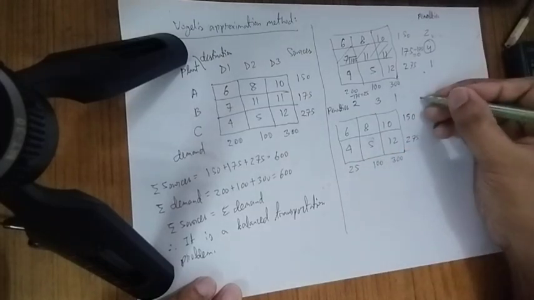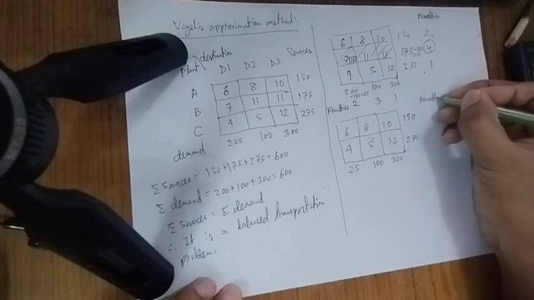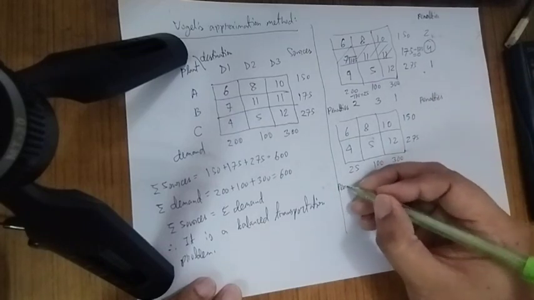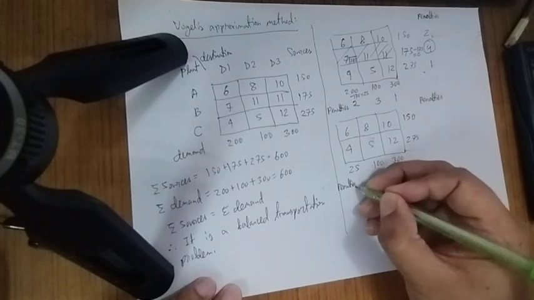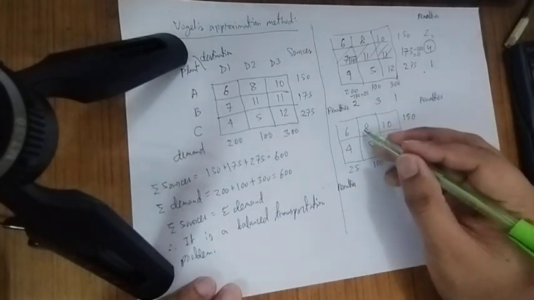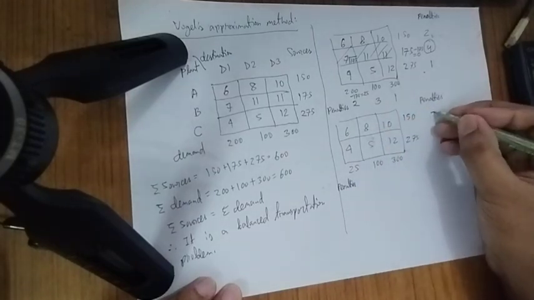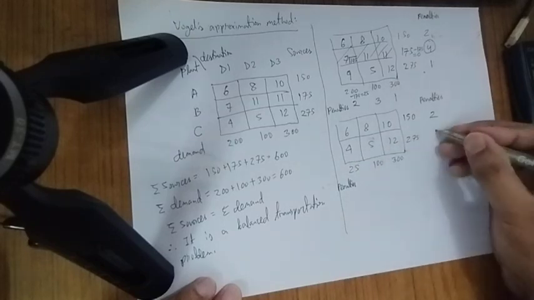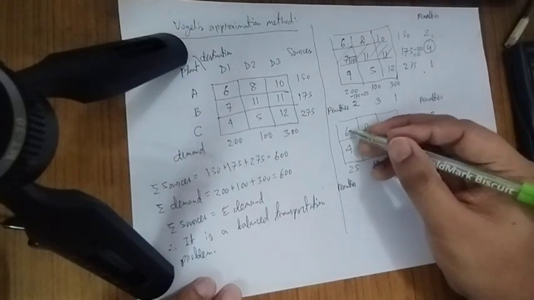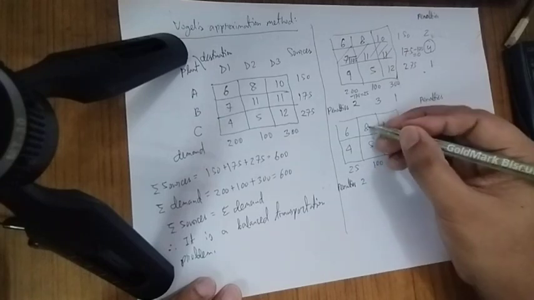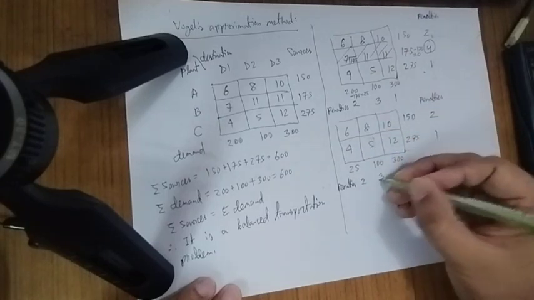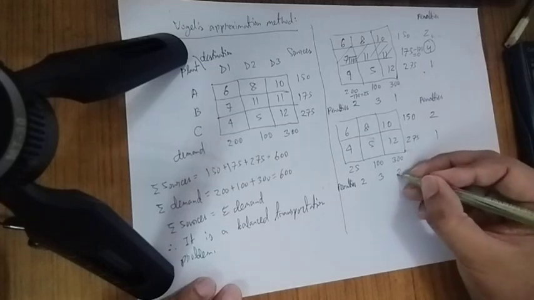Now again we have to calculate the penalties, row wise and column wise. In the row wise, the lowest values are 6 and 8, so the difference is 2. The lowest values are 4 and 5, the difference is 1. Column wise, 6 and 4 are the only two values, difference 2. 8 and 5, difference 3. 10 and 12, difference 2.